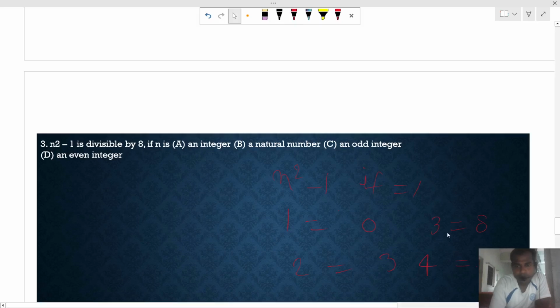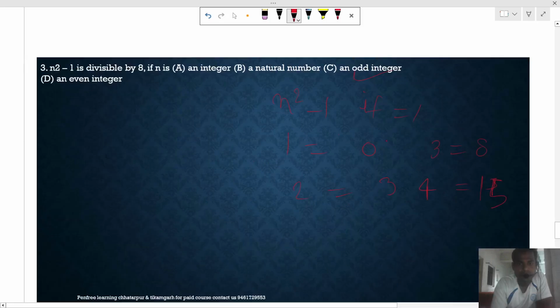We observe that if we put odd, the answer will be divisible by 8, and if we put even, this will not be divisible by 8. So the conclusion is that it holds for an odd integer. Why? Because odd ones are fully divisible and even ones are not fully divisible.